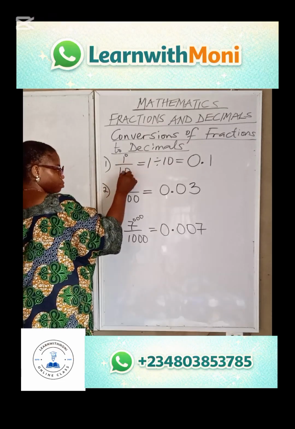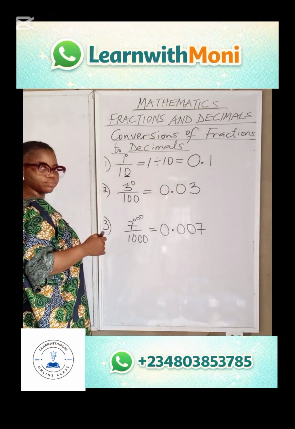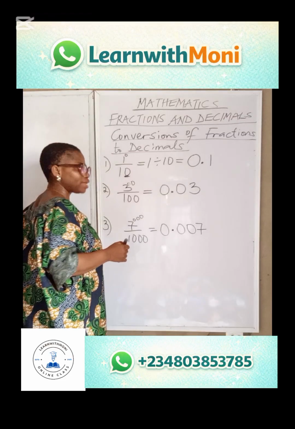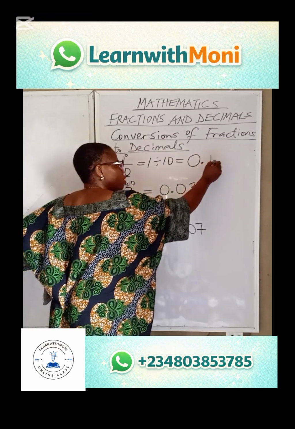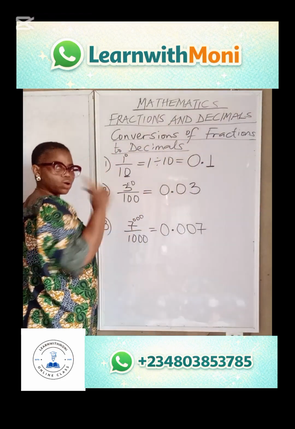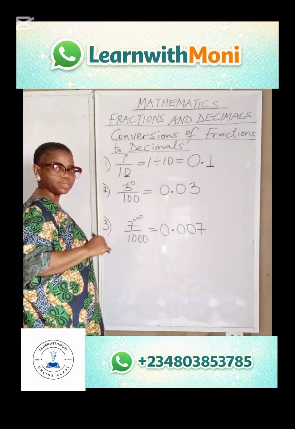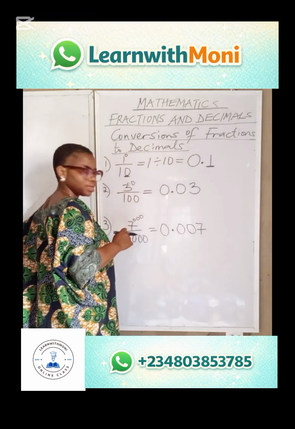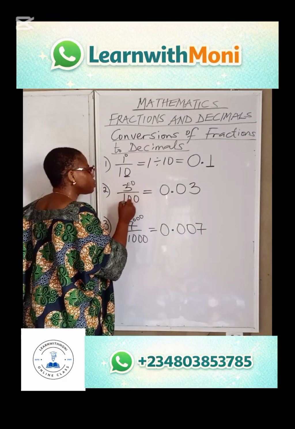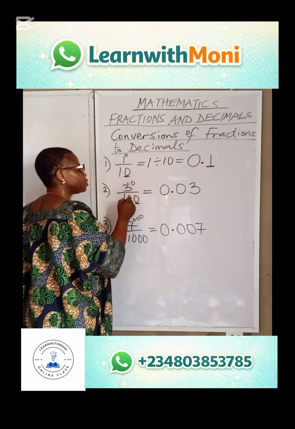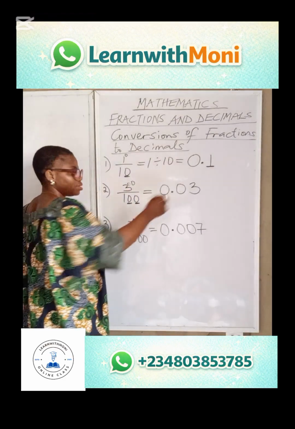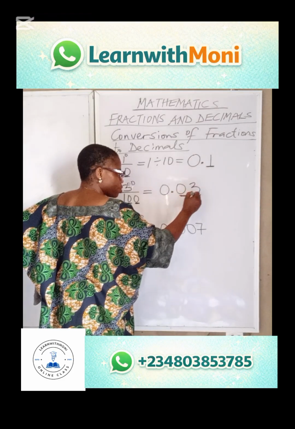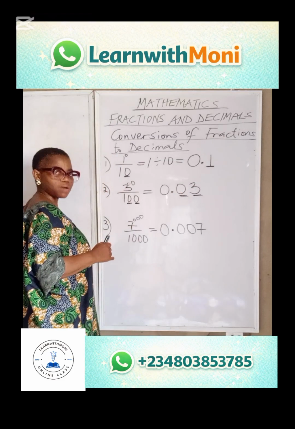There is a quick twist that works with this, and that is the number of zeros in the denominator. Look at this. This is over 10. What this signifies is that I must have only one figure at the back of the decimal point. What this 00 in the denominator signifies is that in my decimal, I will have only 2 figures at the back of the decimal point.